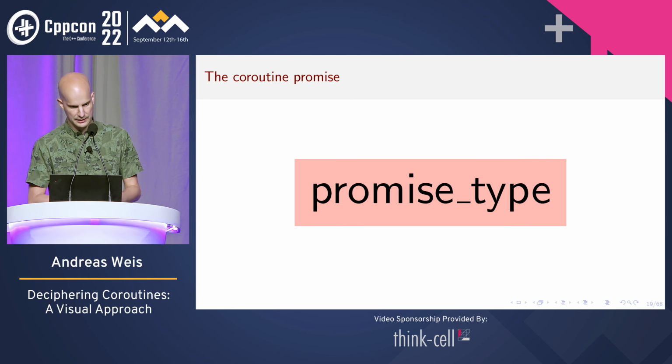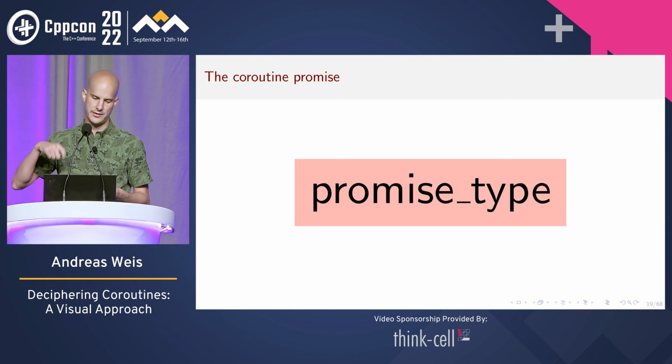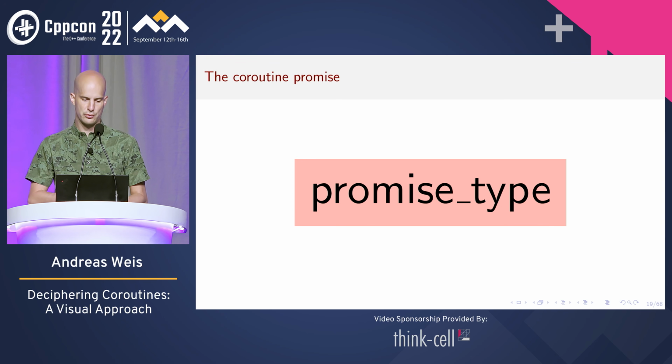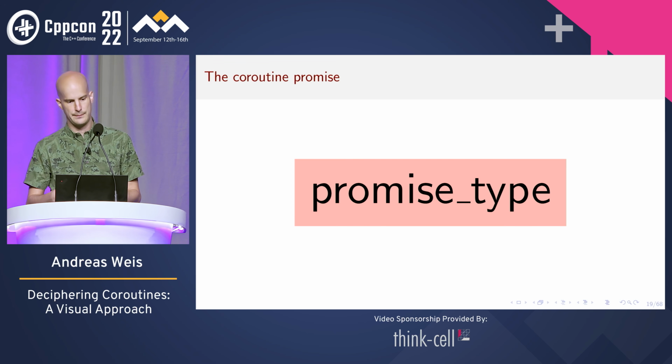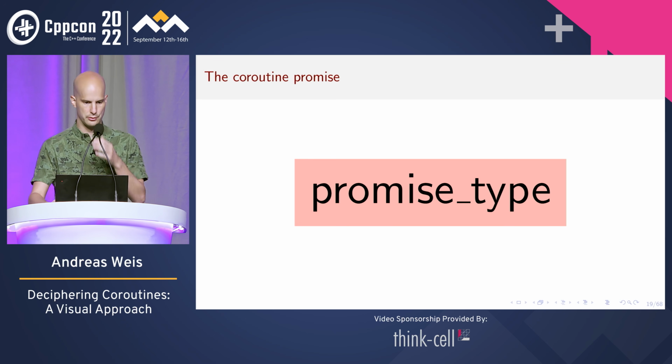Unlike in the future-promise case, where the promise is an object that the producer constructs on its own, for coroutines the promise object is something that will be generated automatically by the compiler. You don't generate this on your own. And the promise, as we will see later, is also sort of the central intersection point for the coroutine code and the caller code.